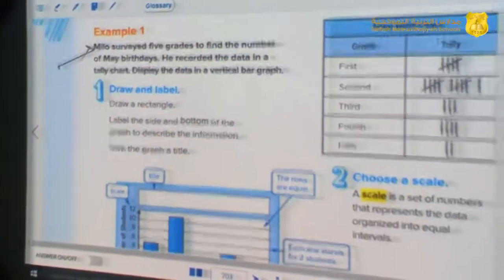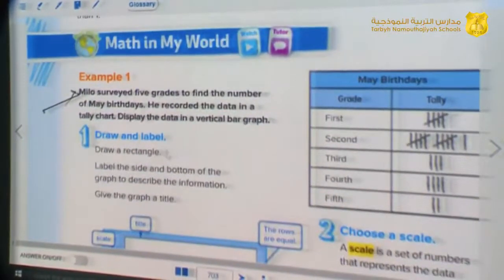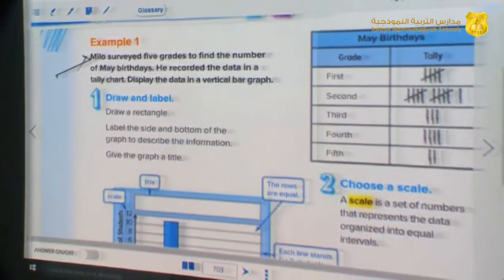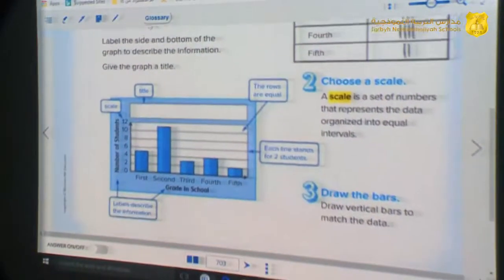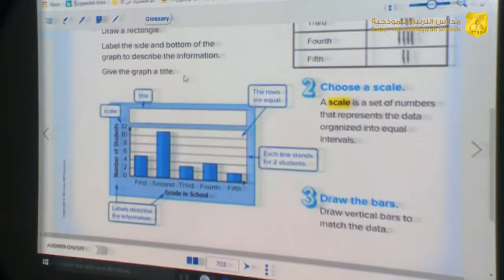Draw a rectangle, label the side and bottom of the graph to describe the information, and give the graph a title, like that. Choose a scale. This is called a scale. A scale is a set of numbers that represent the data organized into equal intervals.